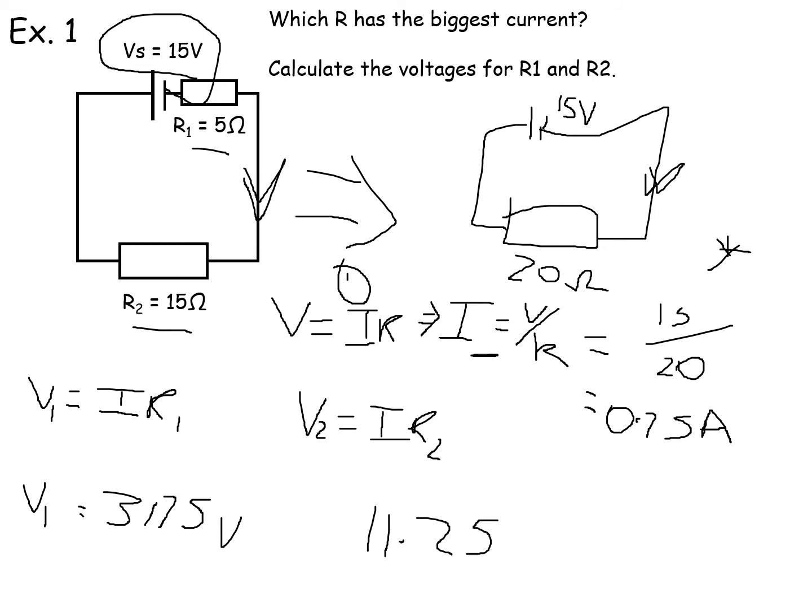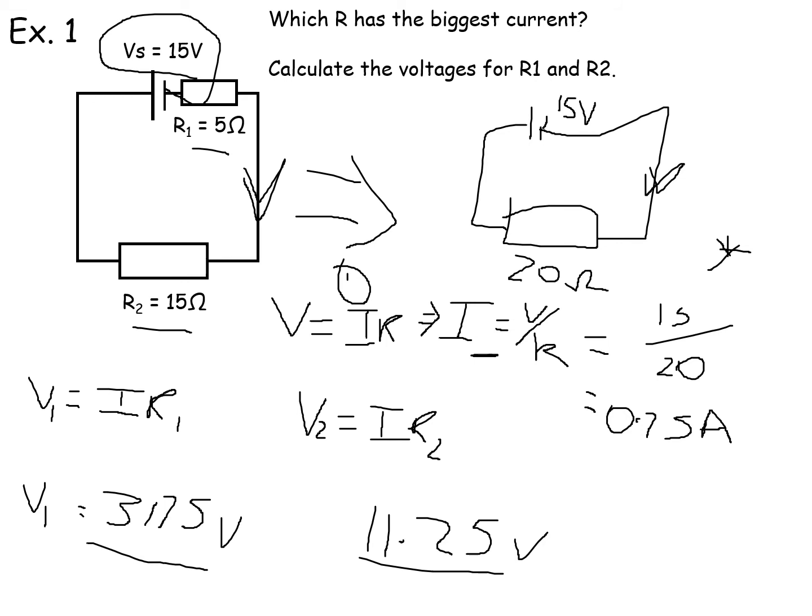Now, as a final point, how do I know these two answers are actually correct? And this is what I really love about electricity. It all fits together. Well, remember our rule about voltages in series. What's the rule? Voltages will split up according to the number of components and the resistances in a circuit. So if I add these two voltages together, I should get the supply voltage again.